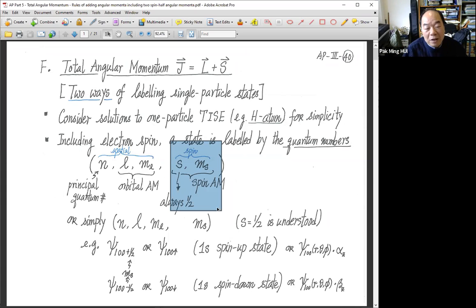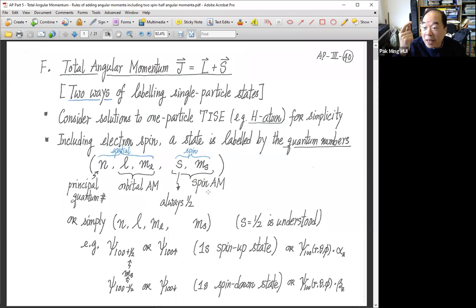So in full, we need 5 quantum numbers to be complete. The first 3 have to do with the spatial part. The last 2 are about spin.